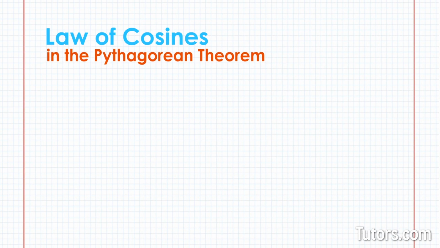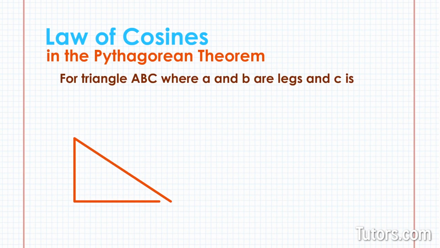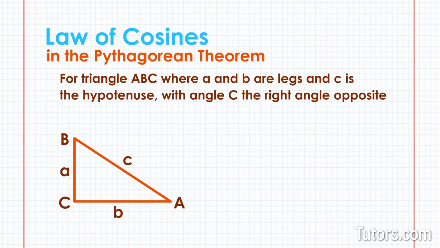Before we leap ahead, let's make sure we see the special application of the law of cosines in the Pythagorean theorem. First, here is the law of cosines for triangle ABC, where a and b are legs and c is the hypotenuse, with angle C, the right angle, opposite the hypotenuse.